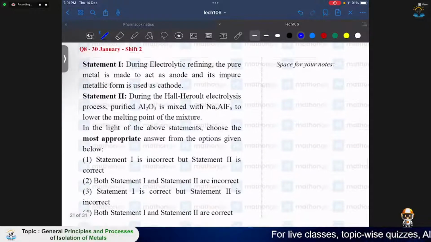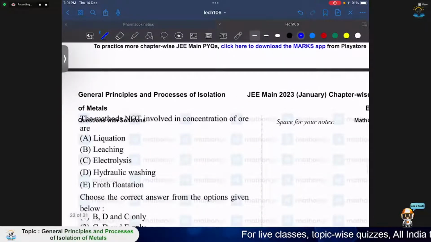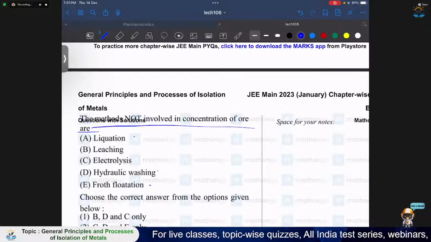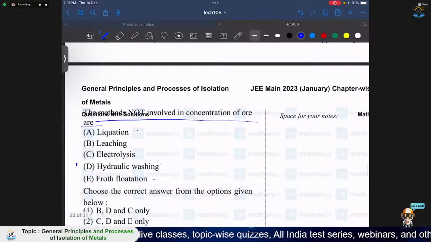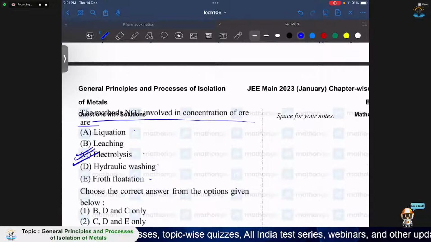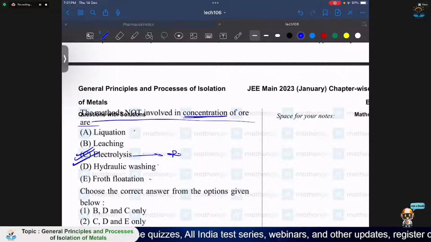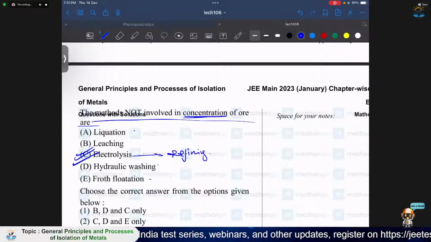Next, refining we have not done. Then the methods not involved in concentration of ore: liquefaction, leaching, electrolysis, hydraulic washing, froth flotation. So electrolysis is not involved in concentration of ore. It is for refining. Liquefaction, yes.